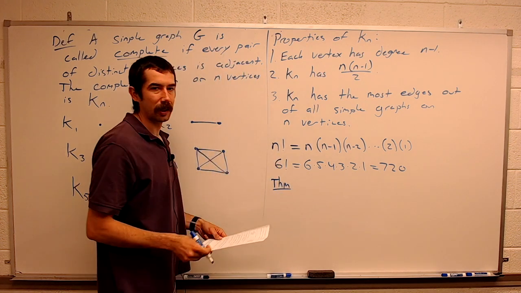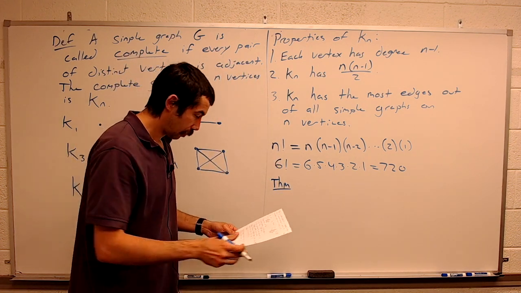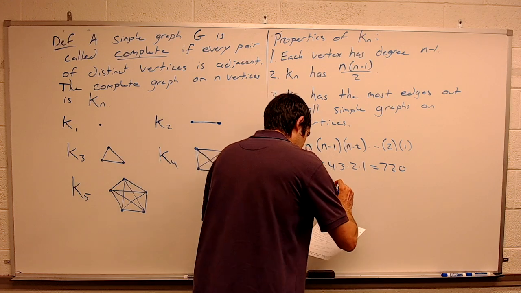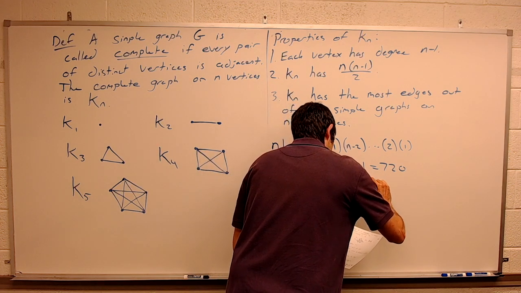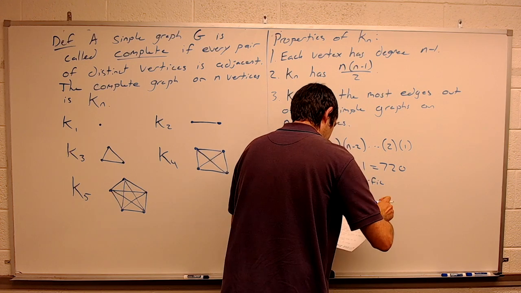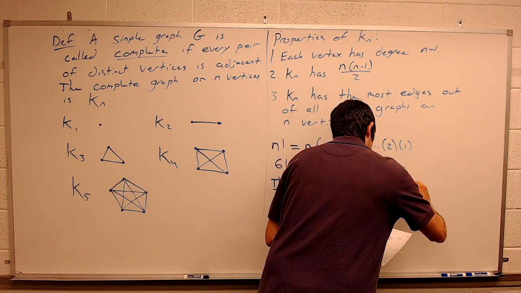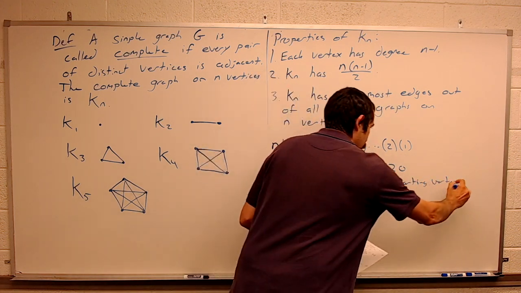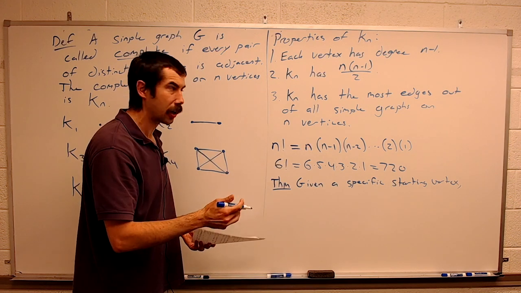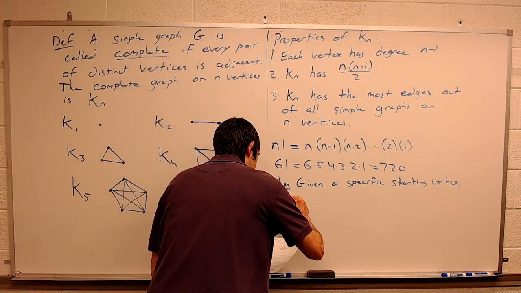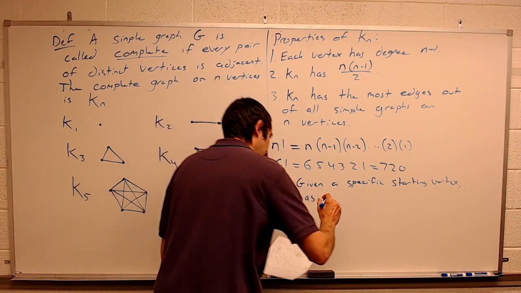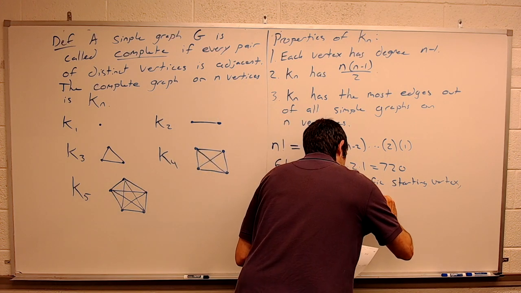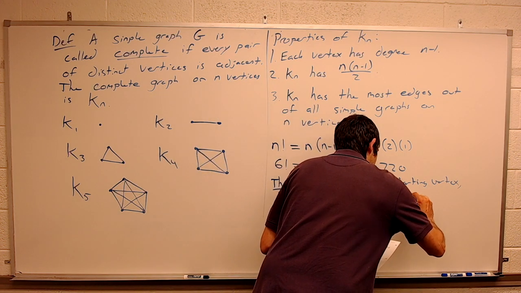And so what does this have to do with complete graphs? Well, given a specific starting point on Kn, so if you say what vertex you want to start on, Kn has n minus 1 factorial distinct Hamiltonian cycles.